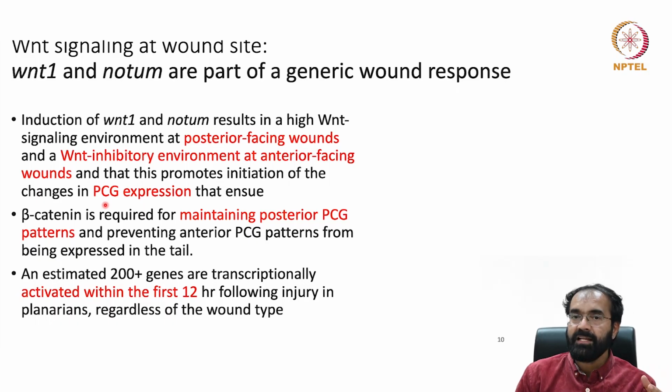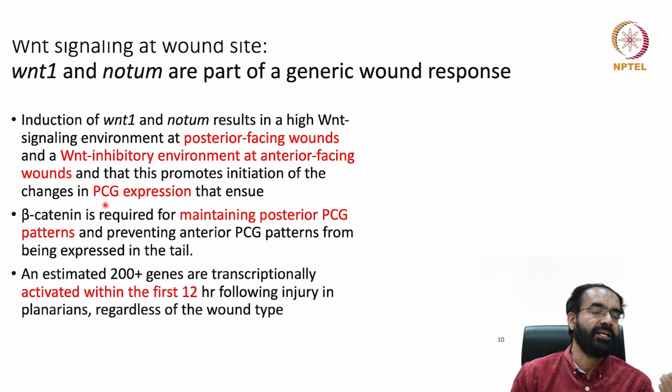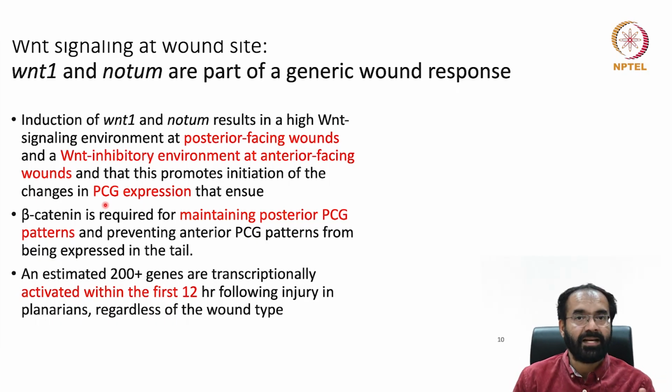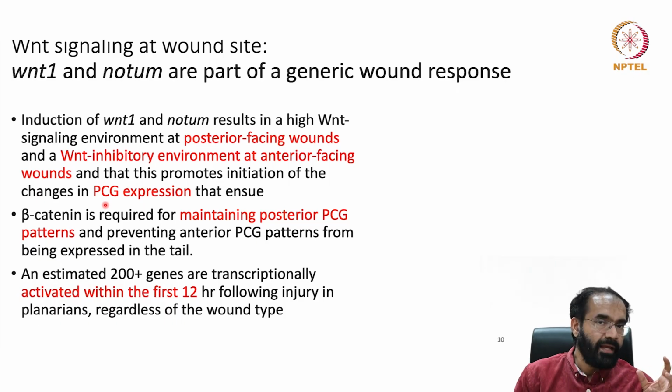The Wnt signaling contributes because Wnt, along with TCF, binds to the DNA and turns on some gene expression, and these genes are nothing but PCGs, which are giving control to tail formation or head formation.